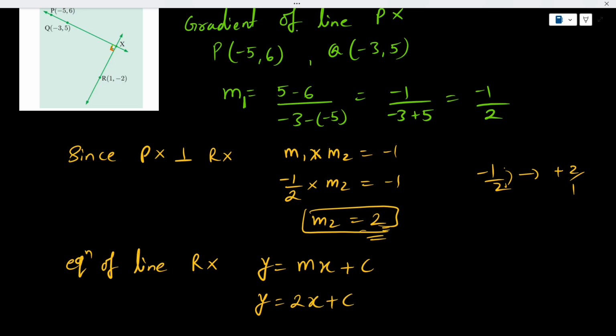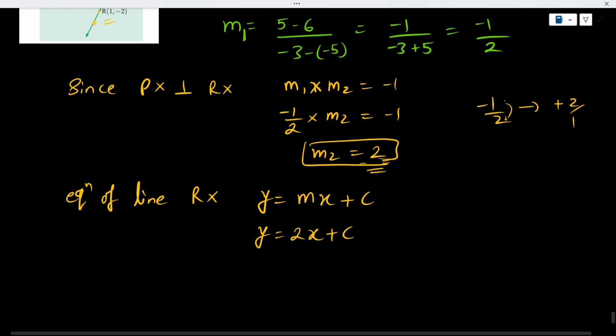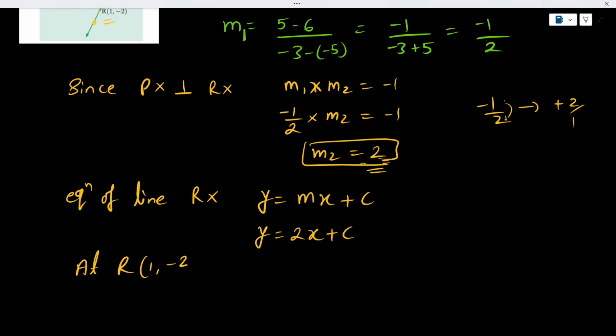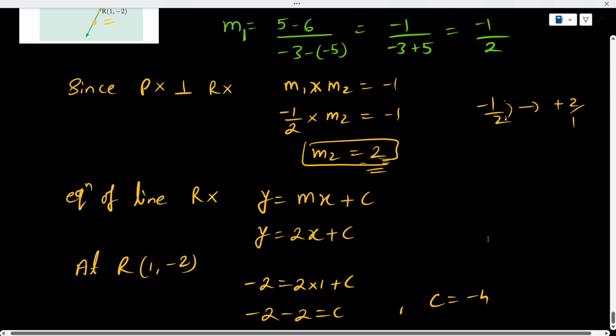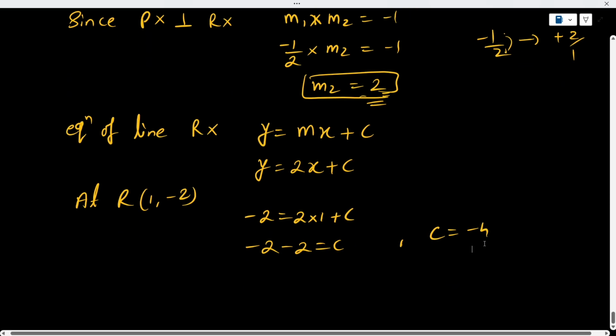All the points on this line satisfy the equation, and R falls on line Rx, right? So I can take R, which is (1, -2). If I substitute, -2 equals 2 times 1 plus c. So c equals -4. That means the line is going to intersect the y-axis at (0, -4).